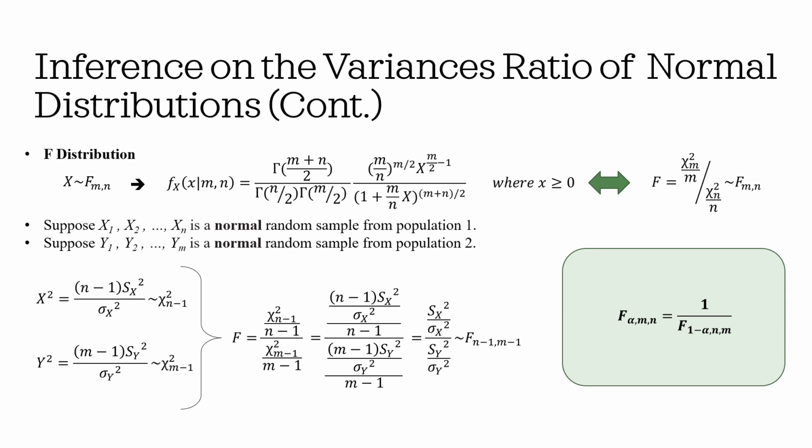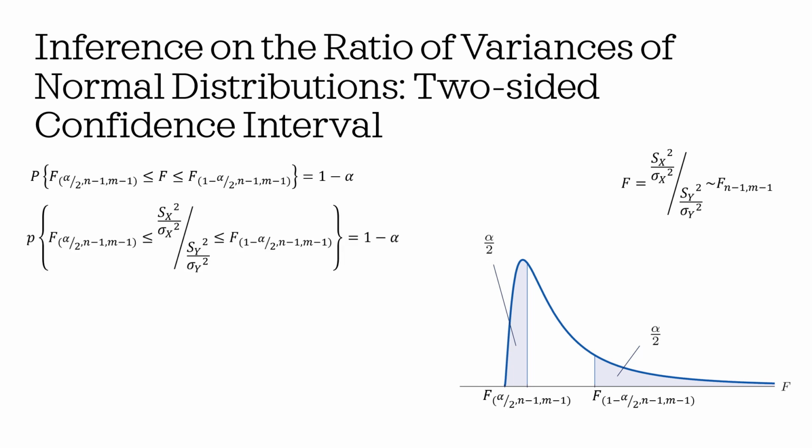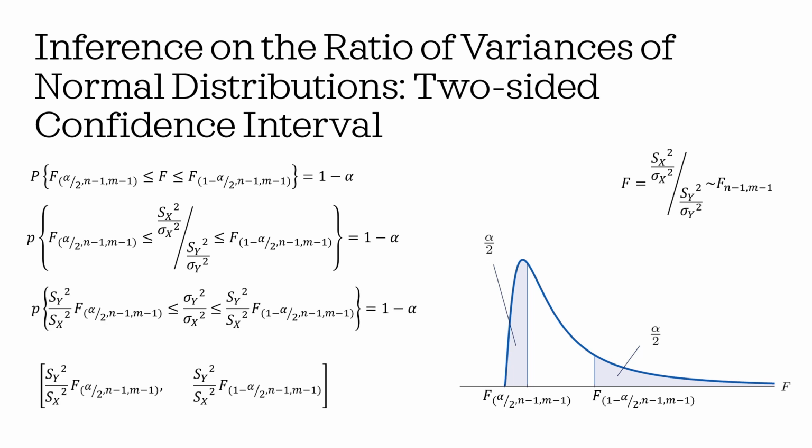Pushing half alphas to each tail of an F distribution, we can claim that the probability of an F random variable being between F value of alpha over 2 and F value of 1 minus alpha over 2 with n-1 and m-1 degrees of freedom is equal to 1 minus alpha. Next, we replace the general random F variable with our F statistic and multiply all sides within the parentheses by s square of y over s square of x.